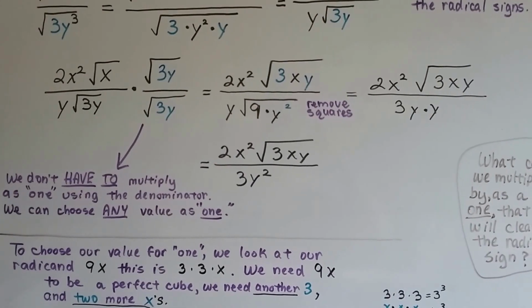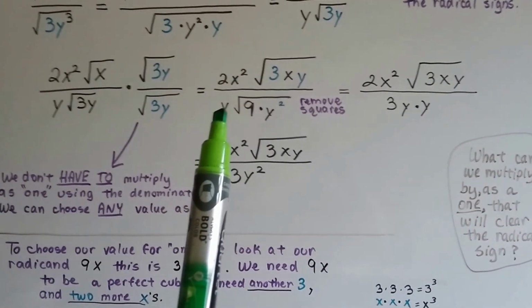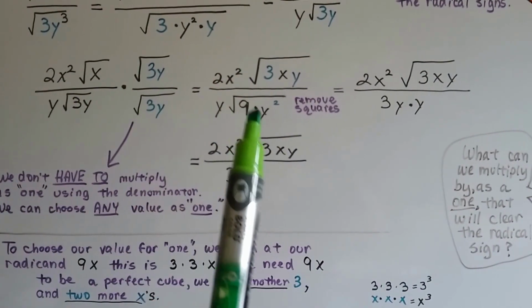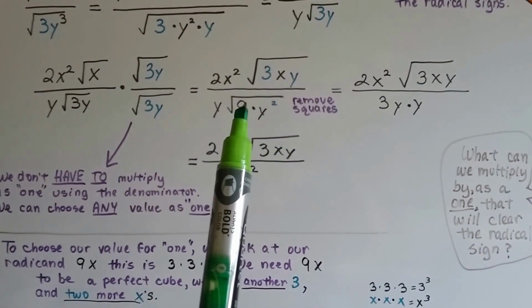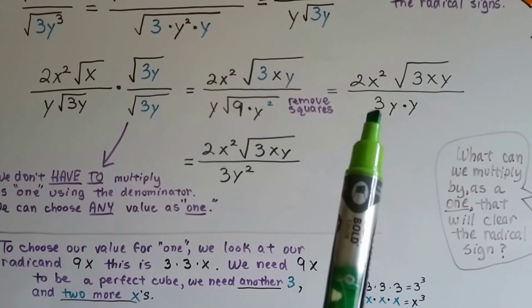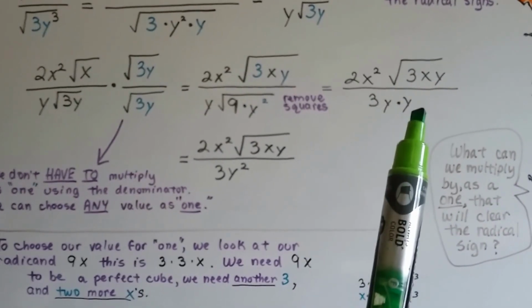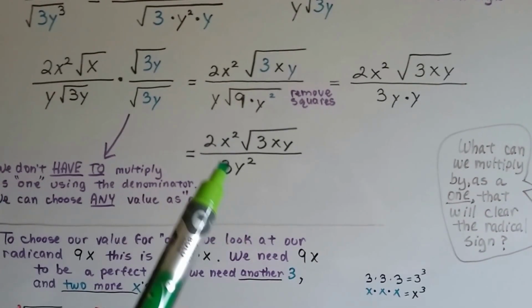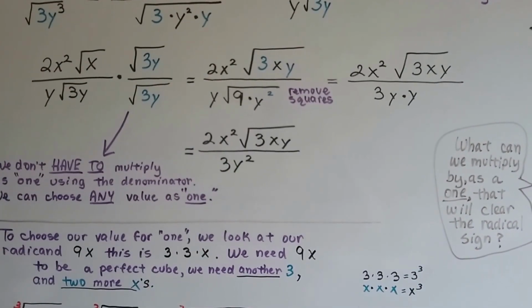See? Now we get y times the square root of 9y squared. And a 9 is a 3 times 3. So that means we have 3 times y, because that's what the y squared is. And when we simplify it, we get 3y squared at the bottom, see?